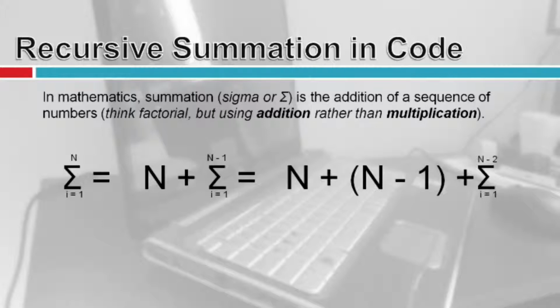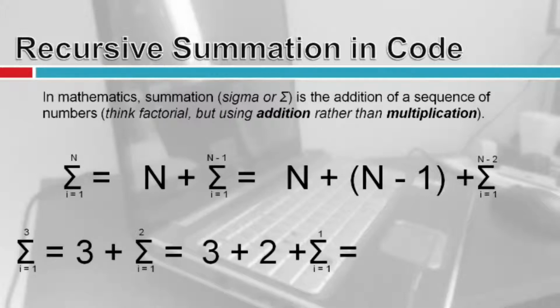That looks fairly complex because we have this Greek lettering in here, but let's plug in the number 3. So sigma of 3 is really 3 plus 2 sigma, which is really 3 plus 2 plus 1 sigma, and we've reached our base case here because i is equal to 1. 3 plus 2 plus 1 is really 6.